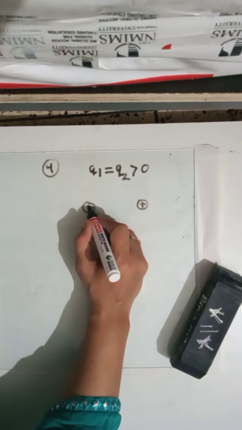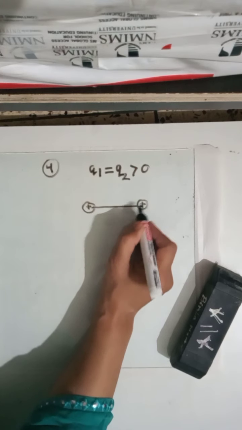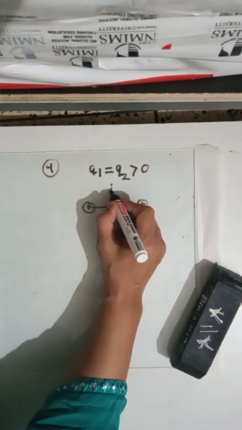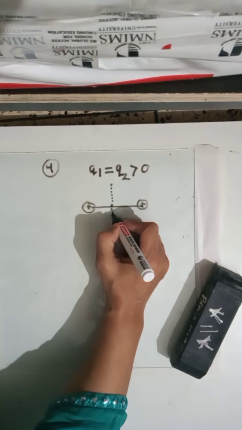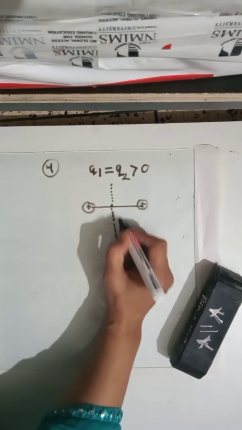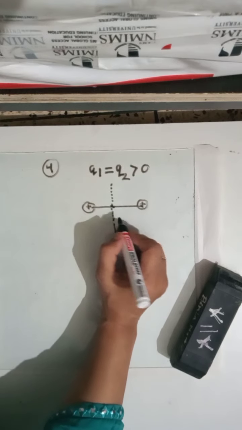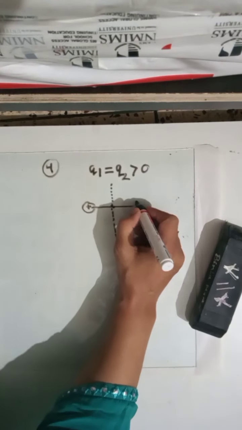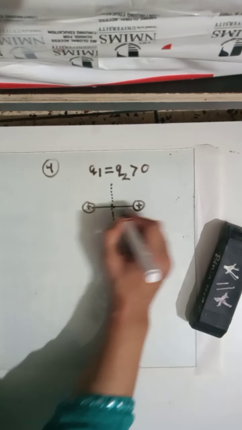Now you must draw from the center. At the midpoint, draw a perpendicular dotted line. This point is called the neutral point because at this point the value of the electric field is equal to 0.